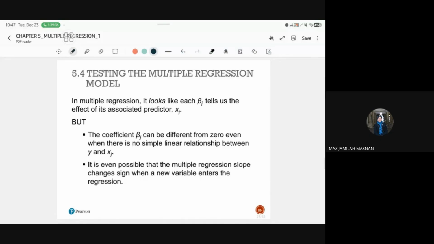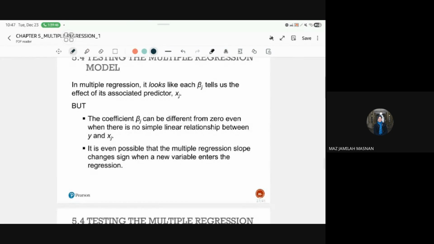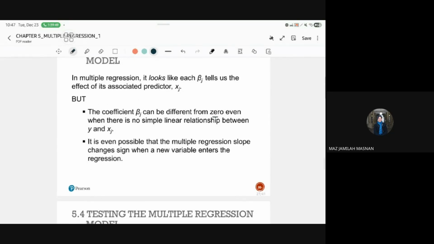On the theoretical part, in multiple regression, it looks like beta j tells us the effect of its associated predictor, but the coefficient beta j can be different from zero, even when there is no simple linear relationship between y and xj.